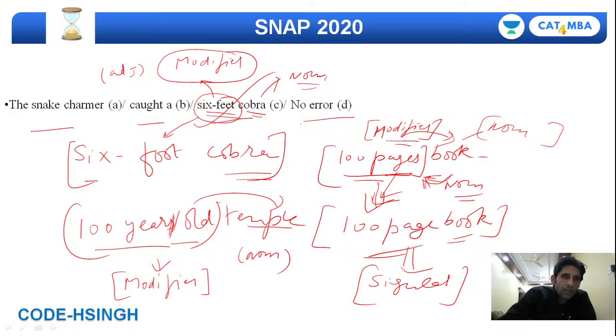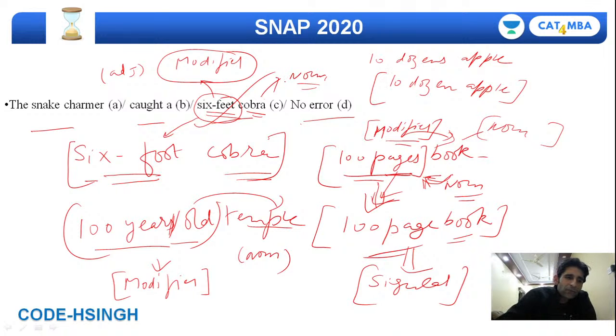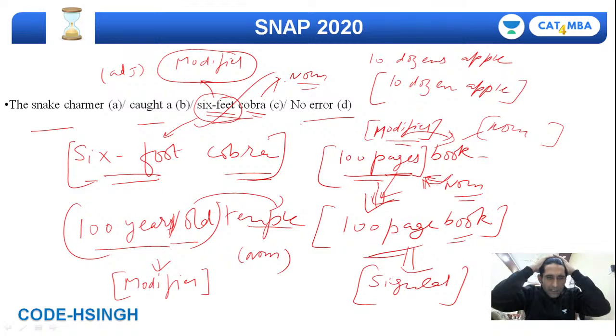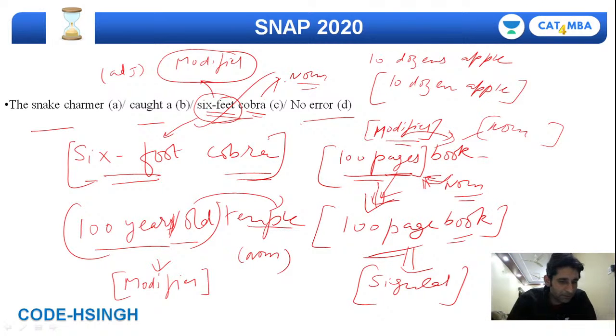Okay, it is foot. आपको singular करना पड़ेगा, so it becomes 6 foot cobra. आया समझ में? ठीक है। फॉर एग्जाम्पल जैसे 10 डजन्स एप्पल नहीं बोलते ना, अपन क्या बोलते हैं? 10 डजन एप्पल। तो बस वही चीज है, यहाँ पे आपको 6 फुट करना पड़ेगा। ठीक है, and it's a very popular question. I hope all of you have understood this. Okay, so Vipul, I think ये समझ में आ गया तुम्हें। I hope you got the concept. Shall we move on to next question?